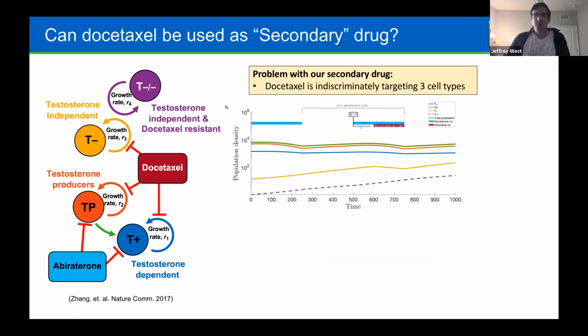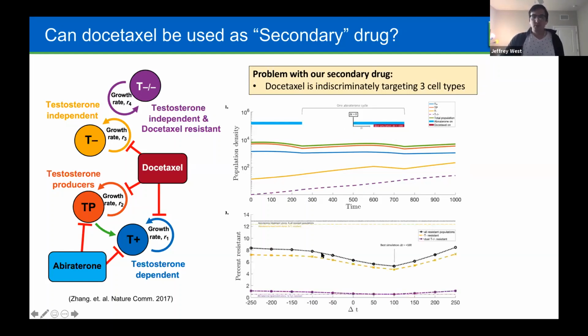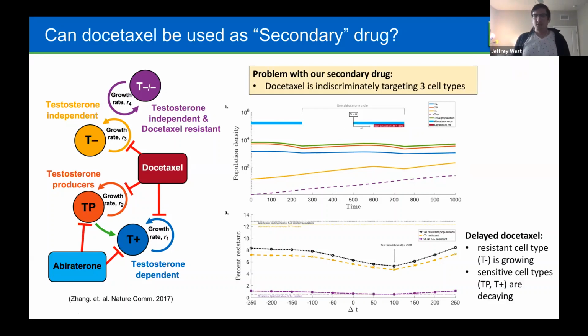We could shift it to the right, giving docetaxel a little bit after, or shift it to the left, giving docetaxel a little bit earlier. When we look at the percent resistance after one cycle, the optimal time to give docetaxel is slightly after giving abiraterone. Now, why is that?